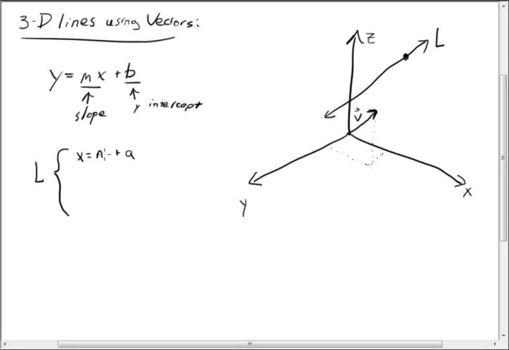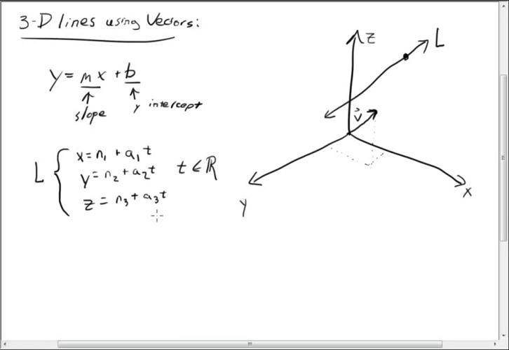a, well, actually we'll call this n1, plus a times t. y is equal to n2 plus a2t, and z is equal to n3 plus a3t, where t is any real number.